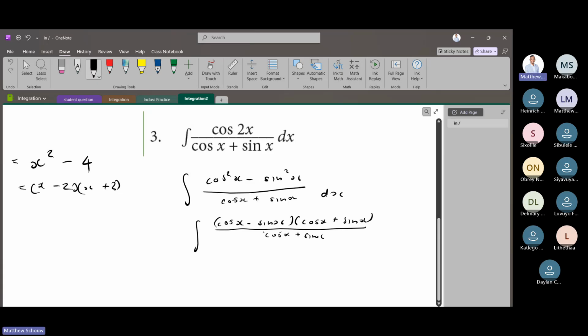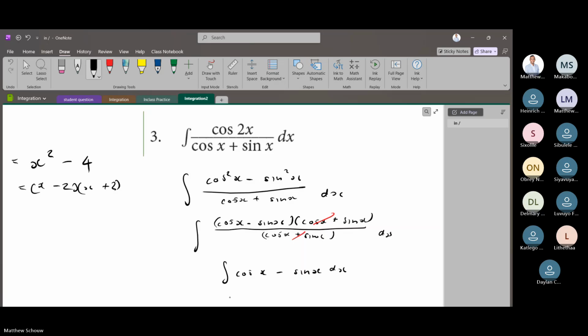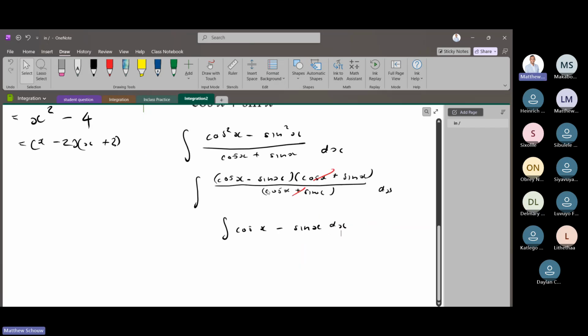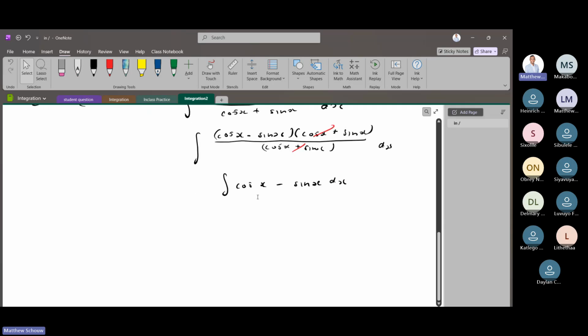Do you notice we have two common terms over here? Yes, sir. This one and the other one, right? And then we are just left with cos x minus sine x dx, and then you integrate. So with these ones, you have to do some manipulation first before you integrate.